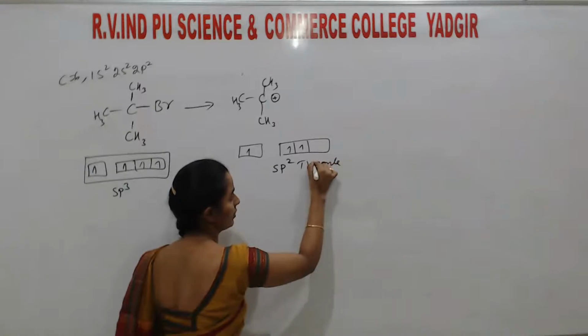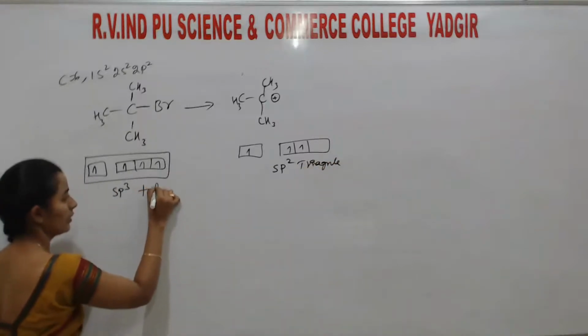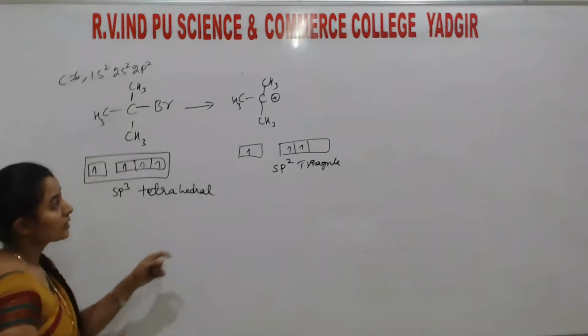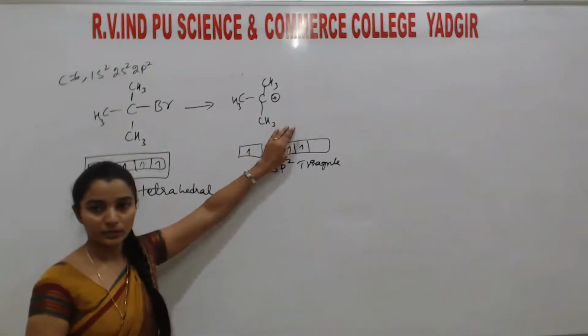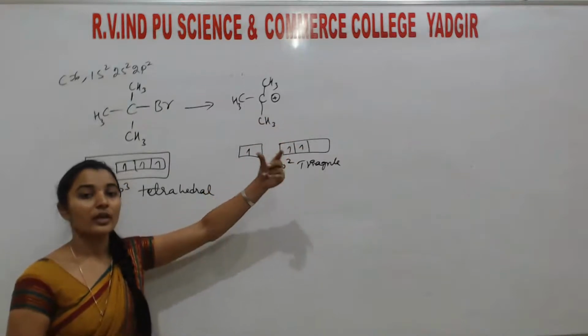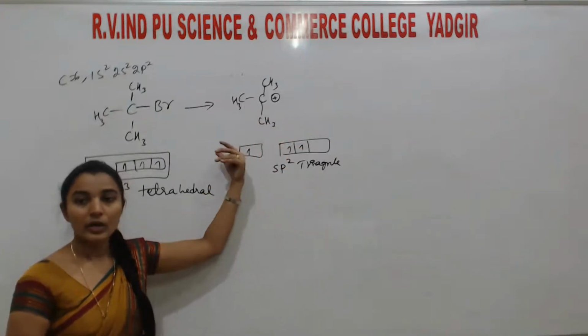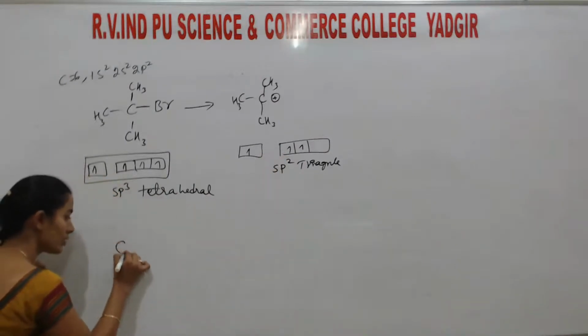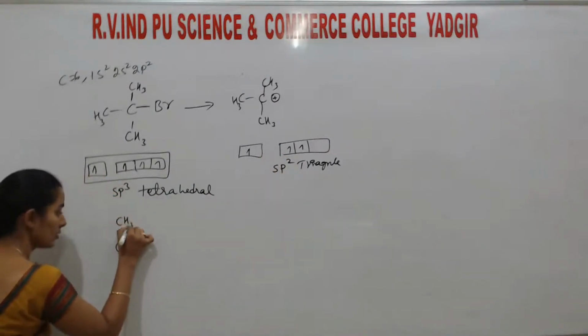Triangular, planar. This one is tetrahedral. So we are considering this planarity, and from this we are going to tell about retention, inversion, everything.